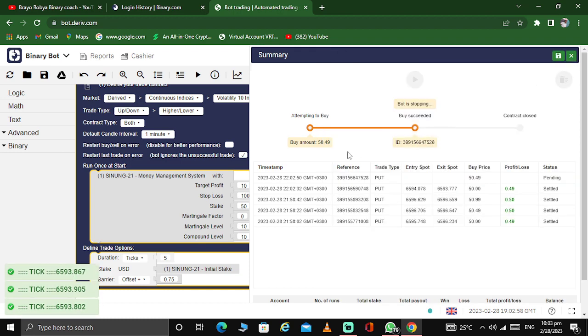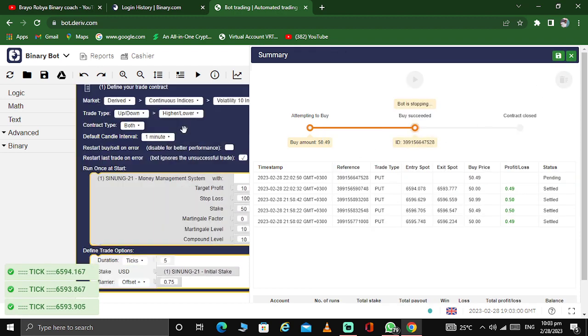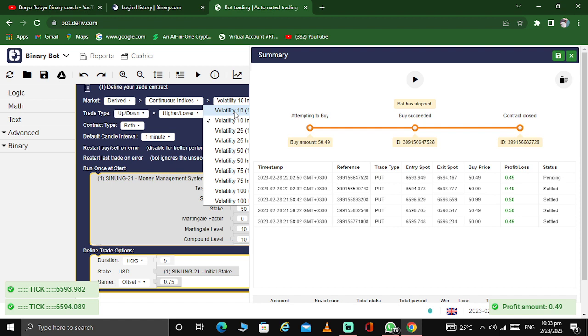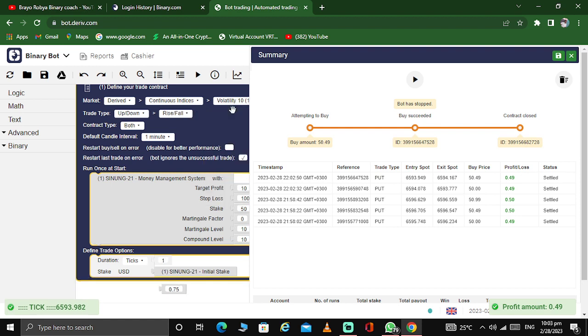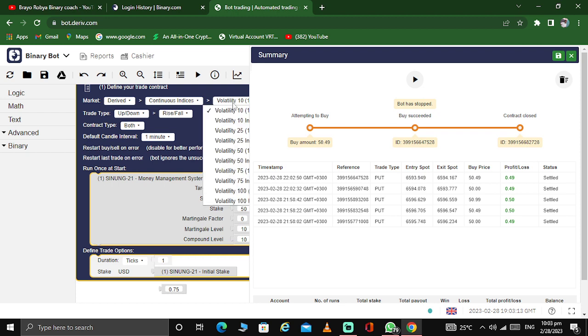The bot has made a previous run before I stopped the bot. So I can just change maybe the volatility. Let me try and change the volatility to 1 second, then I return it to the previous volatility.